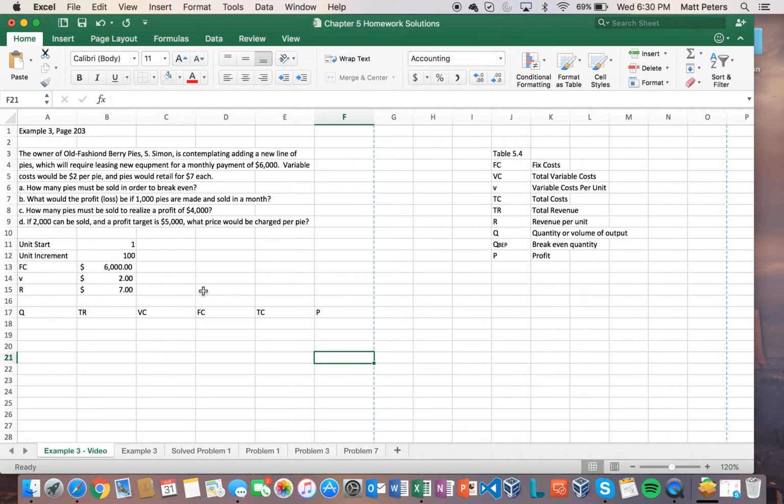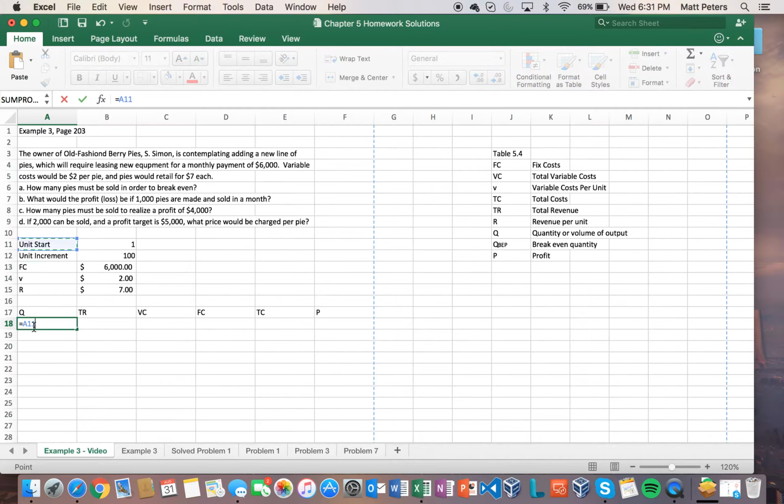So this is going to build our chart that we're going to use to make our graph. For our quantity, we're going to start at our unit start from up here. So here I'm going to say equals, using my arrows, I'm going to go up to here and press enter. So starting quantity is 1.